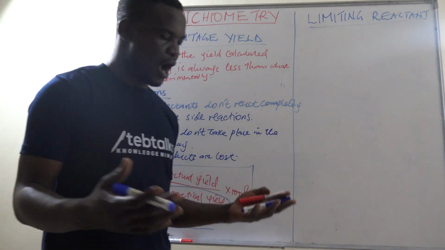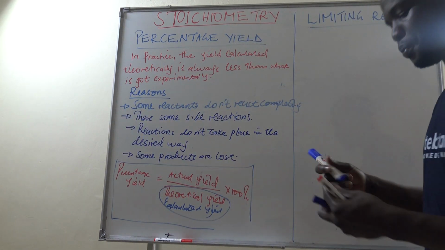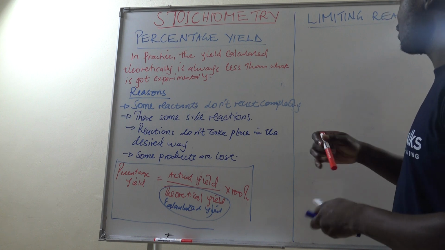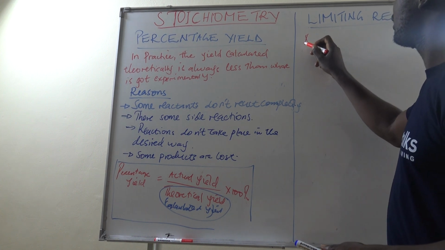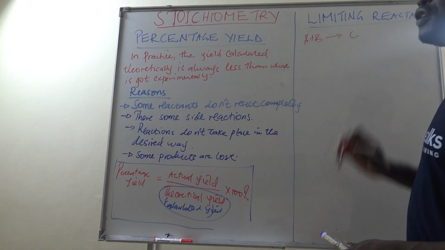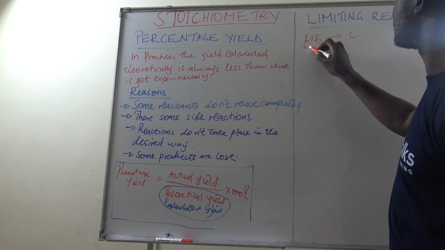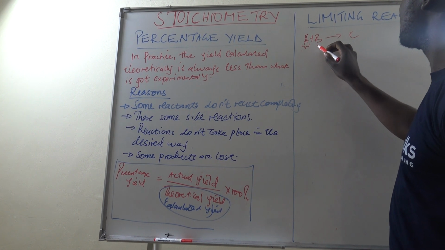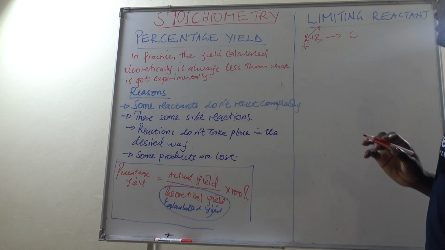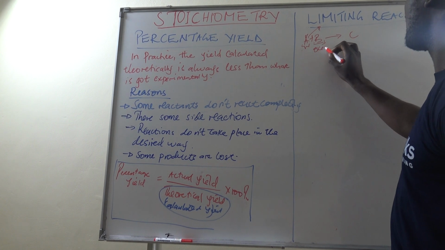When you have 2 or 3 reactants reacting to give you products, assuming I have A and B reacting to give me the product C. If A gets used up before B, then A is a limiting reactant, and therefore it means that B is in excess.